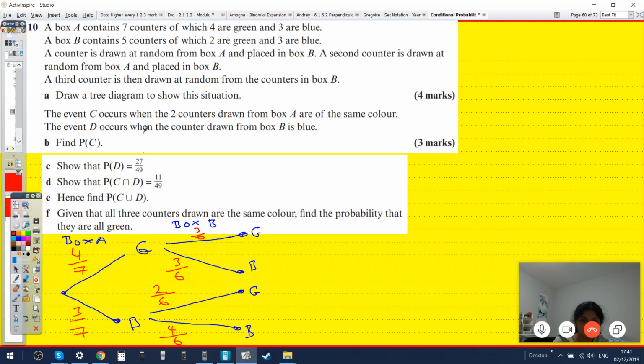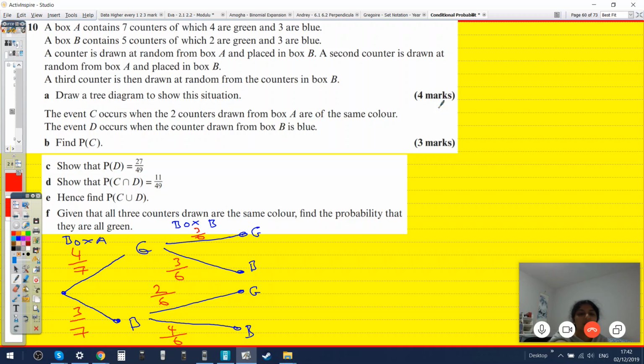And then they take a third one, do they? Second. But it says a third counter. But I only did the probabilities for taking out one and putting it in there. But so that's correct so far. A third counter is then drawn at random from the counters in box B. But we don't need to actually do anything from there.